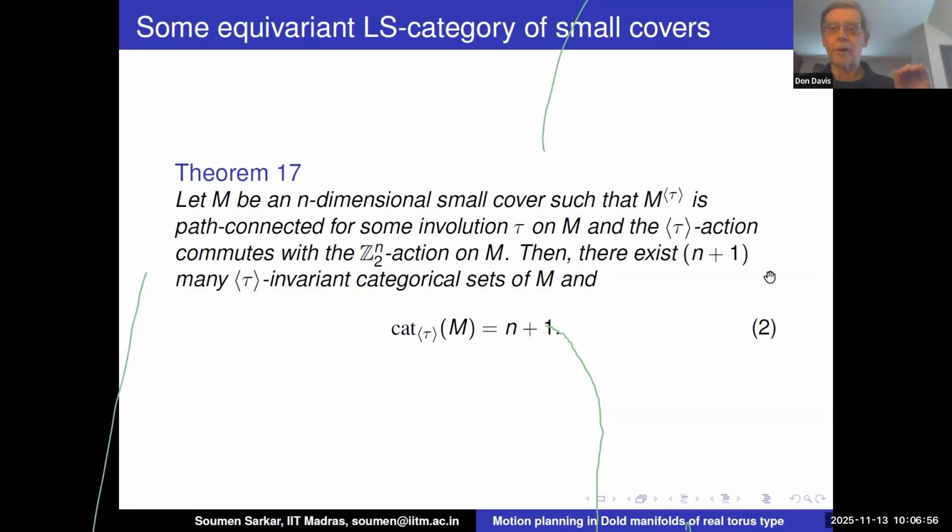And I did that for all the 12-dimensional generalized real Bott manifolds and didn't come up with an example. And I know that those are small covers over products of simplices, but I don't know anything more about small covers than that. And I probably should.